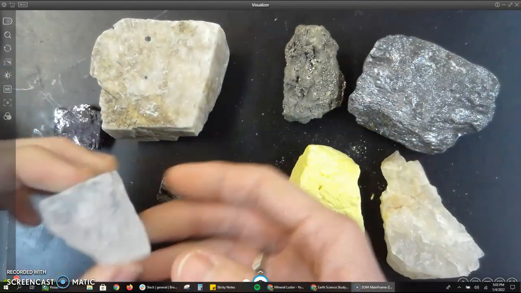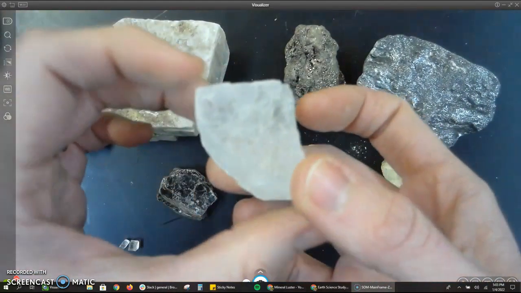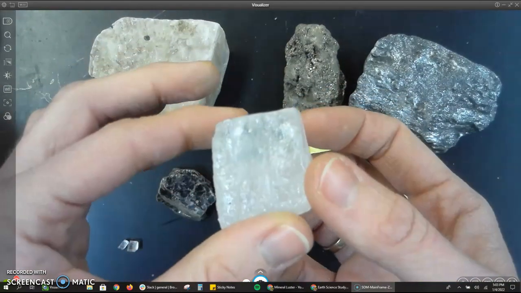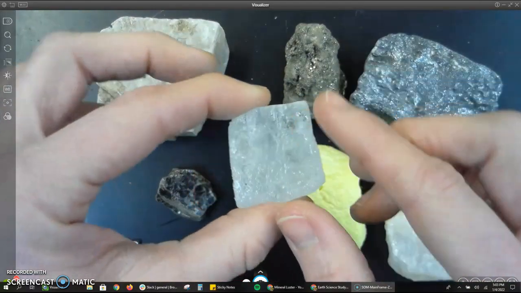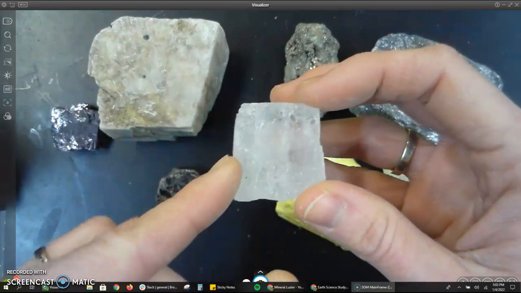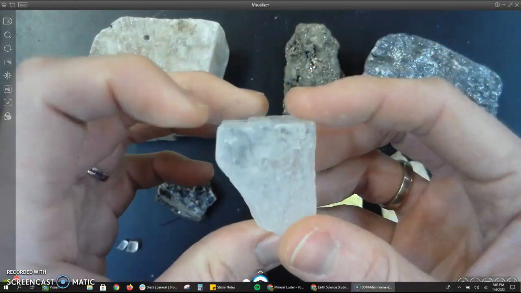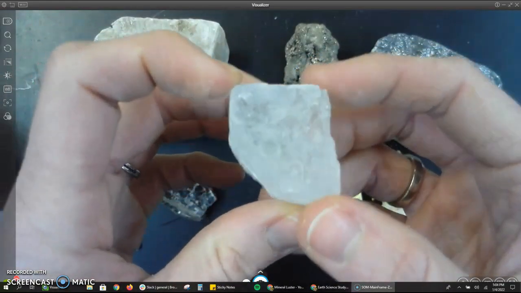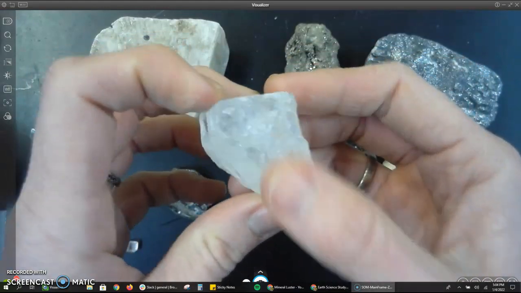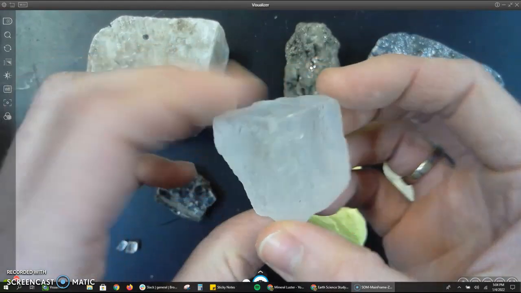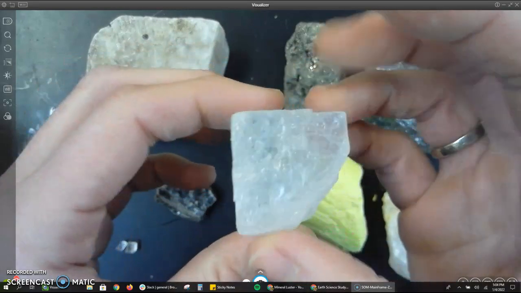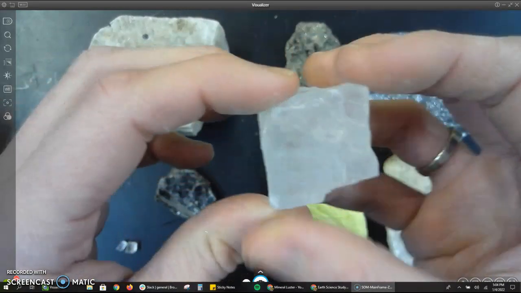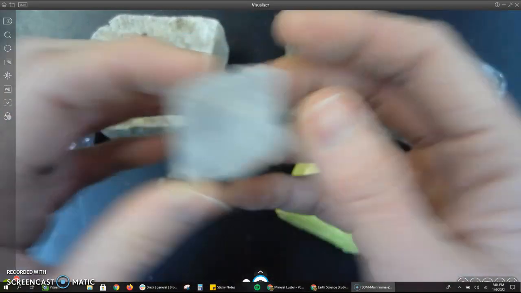Another one that has cleavage is this mineral halite here, or rock salt. Again, we can see that it's got really straight edges. This was not cut, this is naturally occurring. And we can see that the flat sides have a little bit of shine to them. So that's again a good indicator that this mineral has cleavage.